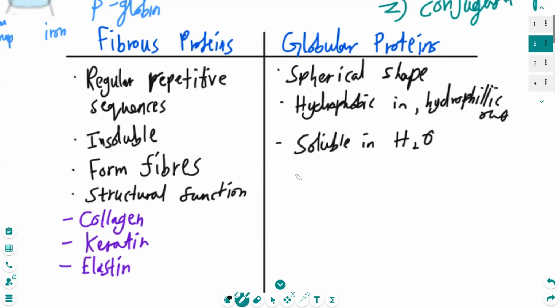They often have a very specific shape and they can take up various roles. They act as enzymes, such as pepsin, hormones, such as insulin, glucagon, and adrenaline, and also transport, such as hemoglobin.